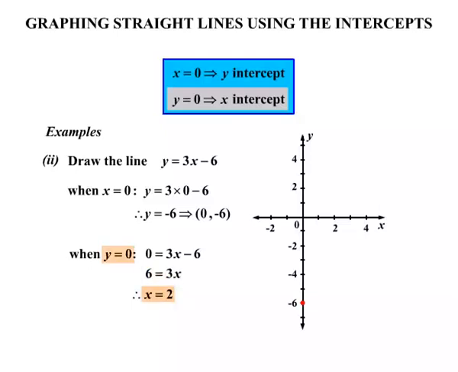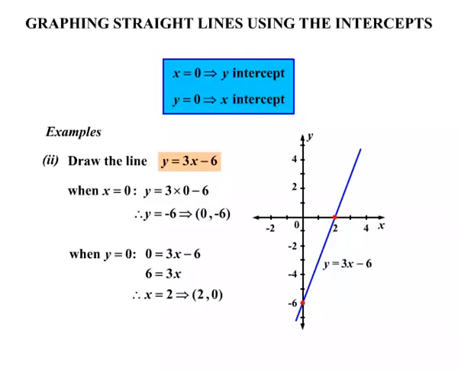So our point x is 2, y is 0, has coordinates (2, 0), and we plot that point on the graph. That will be our x-intercept. So we have our 2 points, we draw the line through the points, and we label the graph. Not too hard, is it? We'll do one more example.